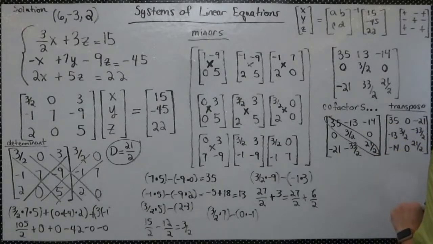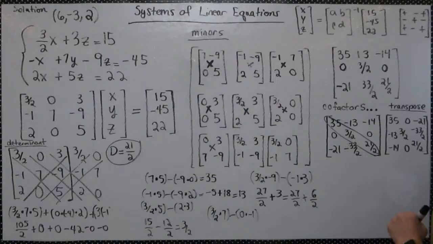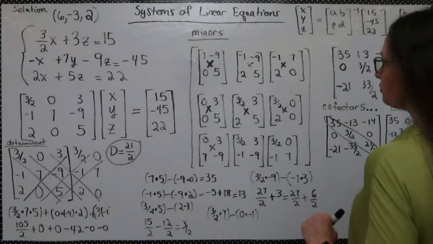And then the last step in calculating the inverse is multiplying. We didn't write the formula anywhere, so where do I fit that formula in here?